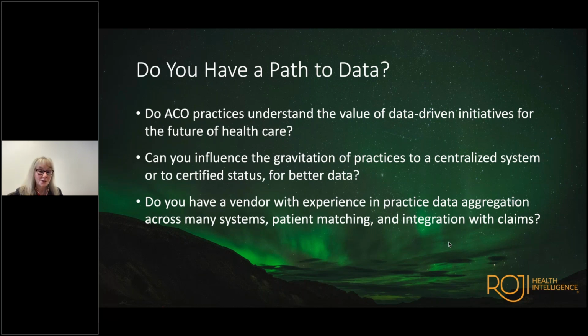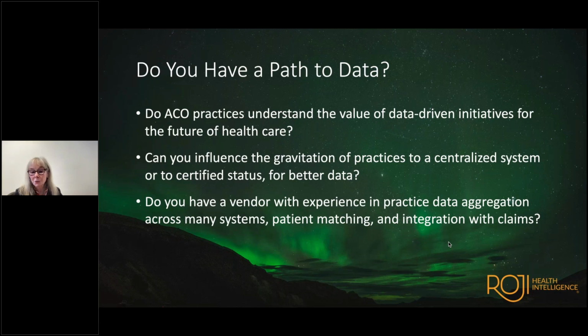Can you influence the gravitation of practices to a centralized system or to a certified status as the rule requires, or not? It will be easier and cheaper if you can provide a centralized system, but that isn't in everybody's possibility. But it is in everyone's possibility to help physician practices aggregate on a smaller number of systems so that it's easier and cheaper for you to get the data that you need to do your job.